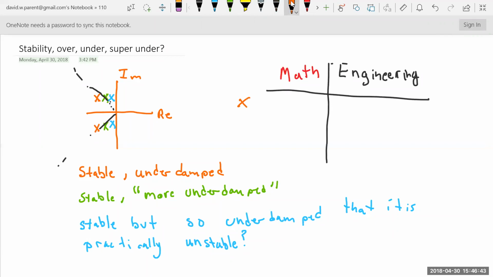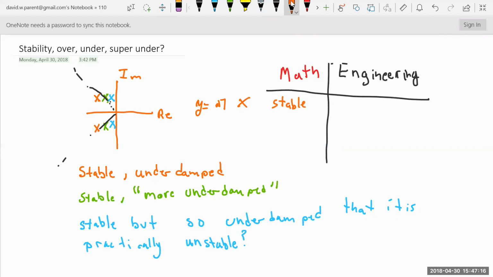For these red poles, are they mathematically stable? We can say yes. No, I haven't shown that. These could all be so close that they're really unstable. But let's say zeta equals 0.7, right?